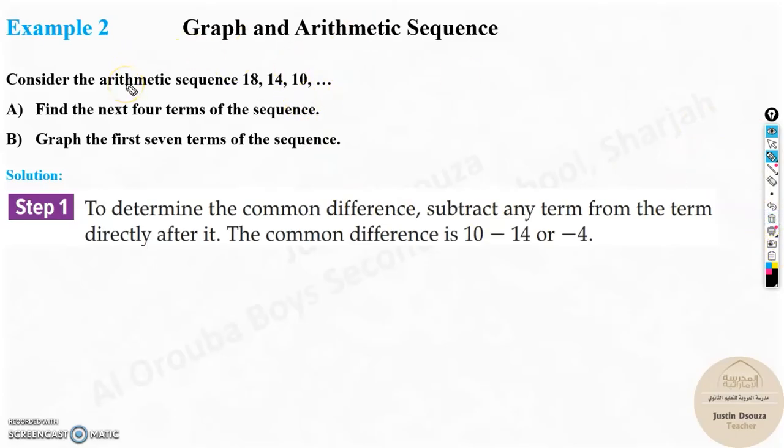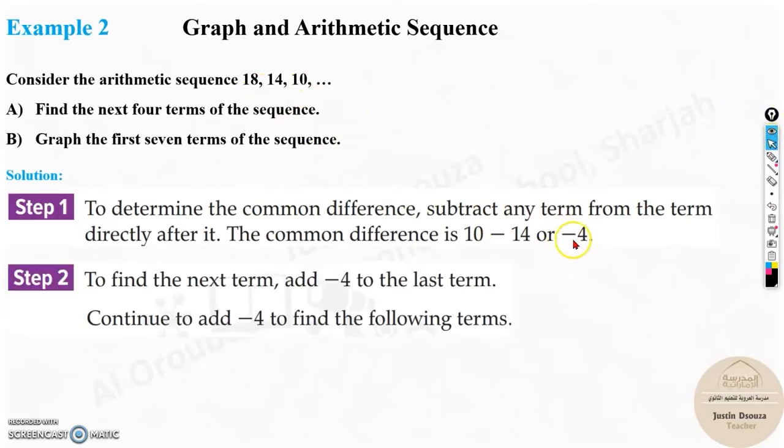So once they mention it's an arithmetic sequence, it will be an arithmetic sequence. You do not need to double check each of the cases. Just find the common difference using any two terms. Then once we find it as minus 4, you can keep finding any number of terms by adding it to the last term. So if I keep on adding negative 4 over here, I'll keep on getting the next term.